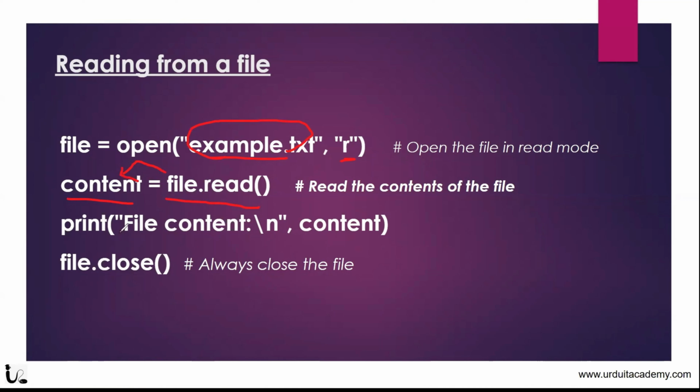After that, we can print it. I'm printing file content, comma, content. Whatever we have stored inside the variable content will be printed. Then we need to close it. To read something from a file, we have to use the mode R inside the open function.